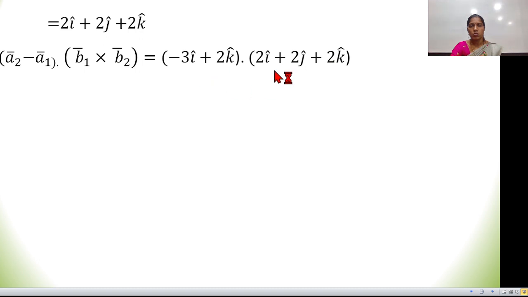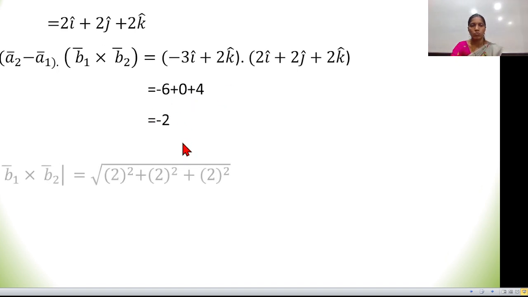Take the dot product of these two vectors: the coefficient of i cap product is minus 3 into 2, we get minus 6. J cap is absent, so the coefficient of j cap is 0, and 0 into any term gives 0. The coefficient of k cap is 2 into the coefficient of k cap, which is 2, so 2 twos are 4. So the addition of these three terms gives minus 2.